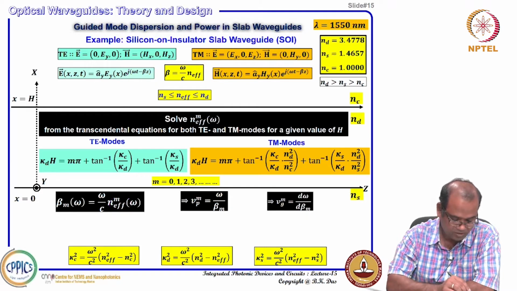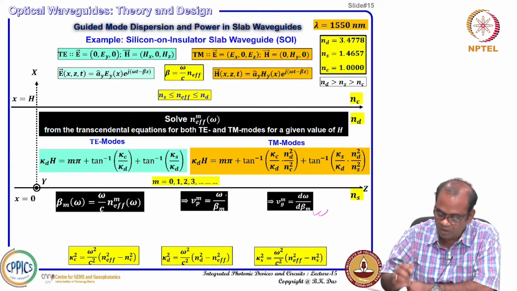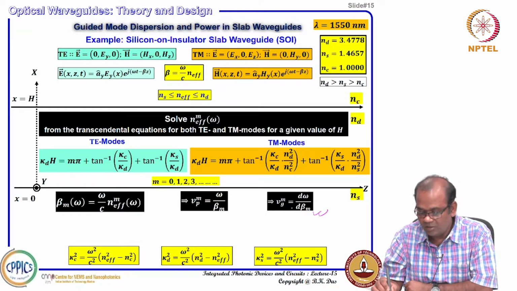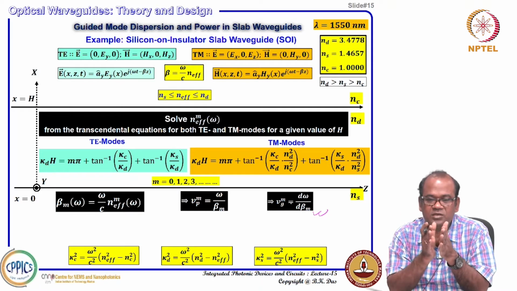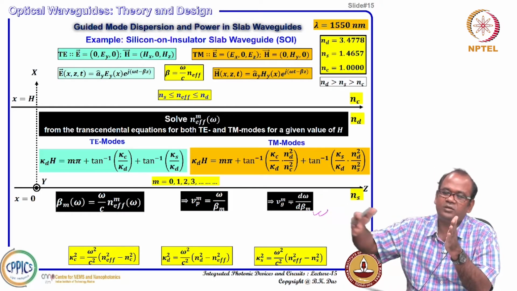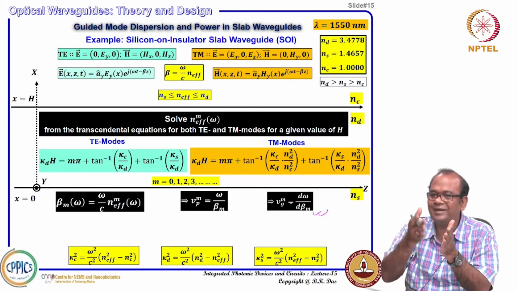Next, another important thing is the group velocity. Group velocity is d omega by d beta m. Suppose you use a particular frequency, a monochromatic wave; that is a traveling wave. But for our application, particularly communication, you have to encode the data.